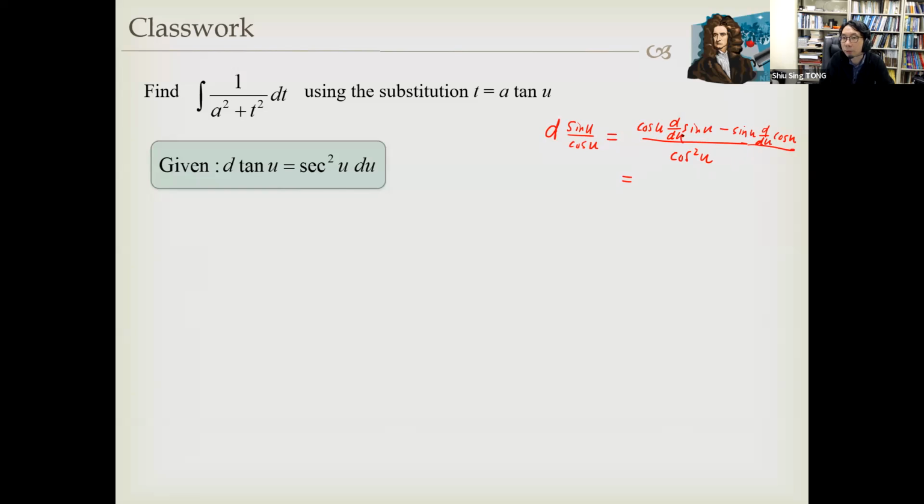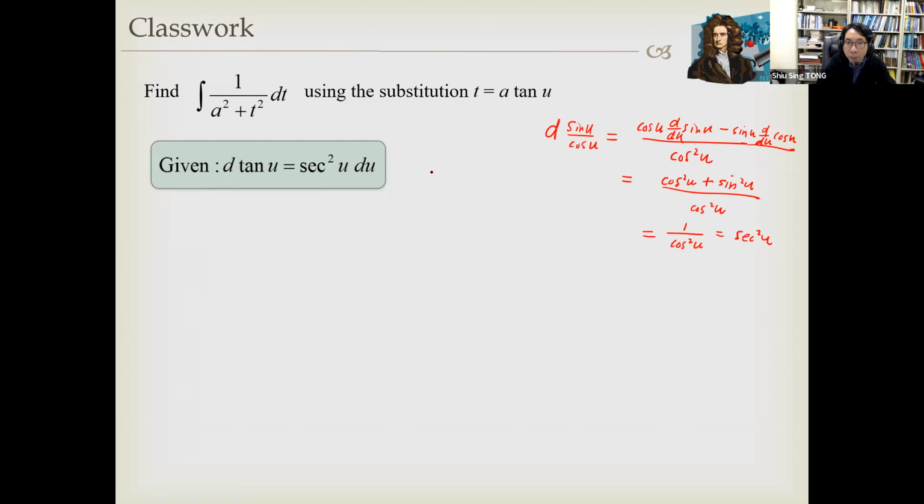Differentiating sine u gives cosine u, so now you have cosine square u. And if you differentiate cosine u, you get minus sine u, so you have plus sine square u, right? And you divide by cosine square u. And of course, the numerator is 1. So you have 1 over cosine square u, which is secant square u. That is the definition of secant: it is the reciprocal of cosine.